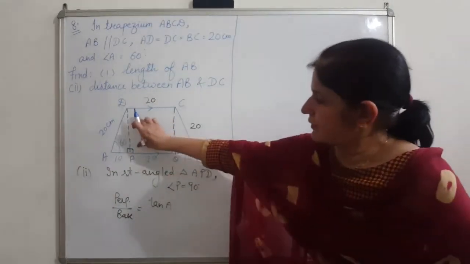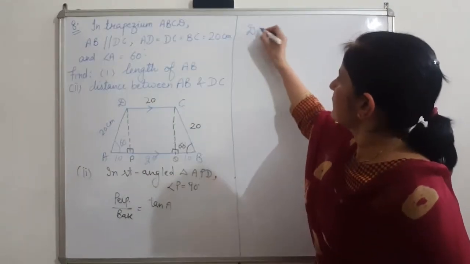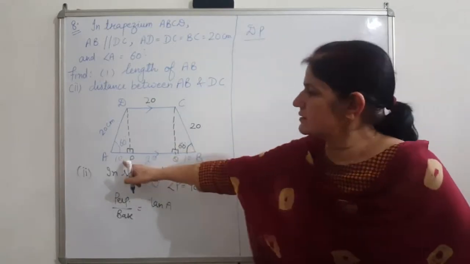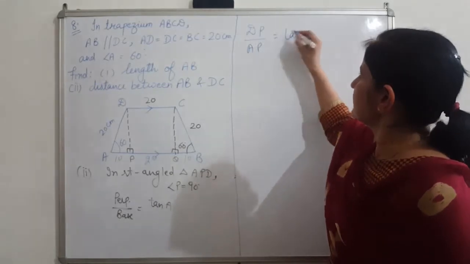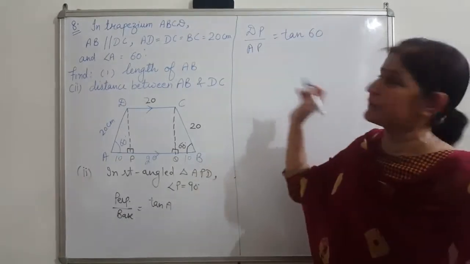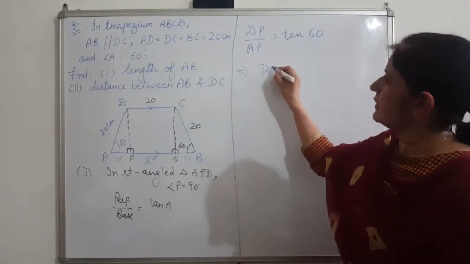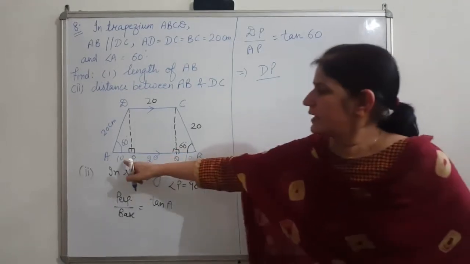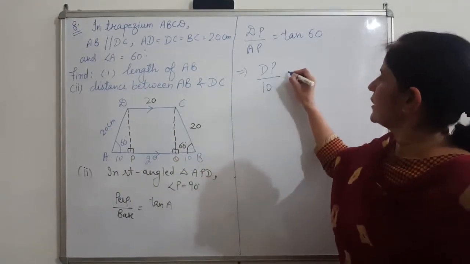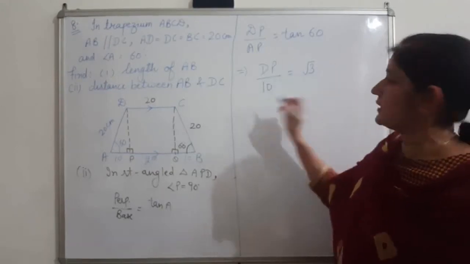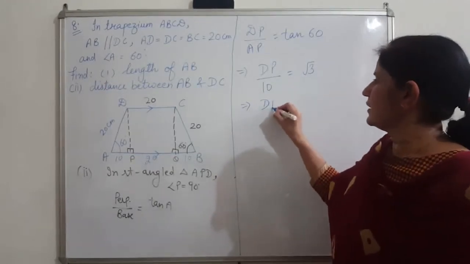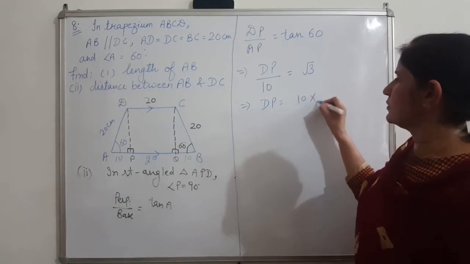Perpendicular is DP, base is AP equals tangent 60 degree. Now DP upon 10 equals tangent 60, value is root 3. So DP equals 10 into root 3.